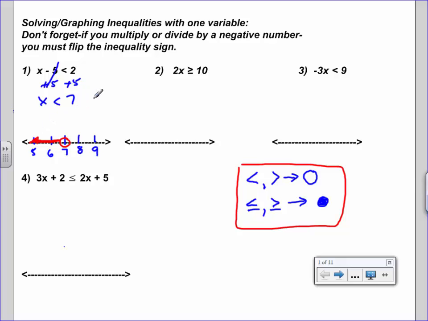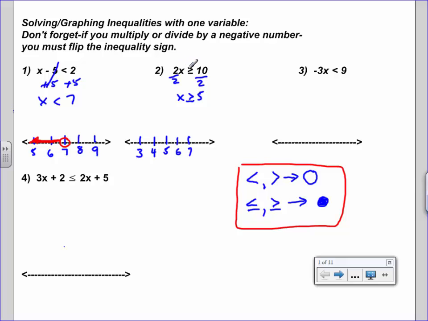Try the next one. We want to get x by itself, just like in an equation. Divide by 2. x is greater than or equal to 5. To graph it, we'll put our numbers that are approximately around 5.